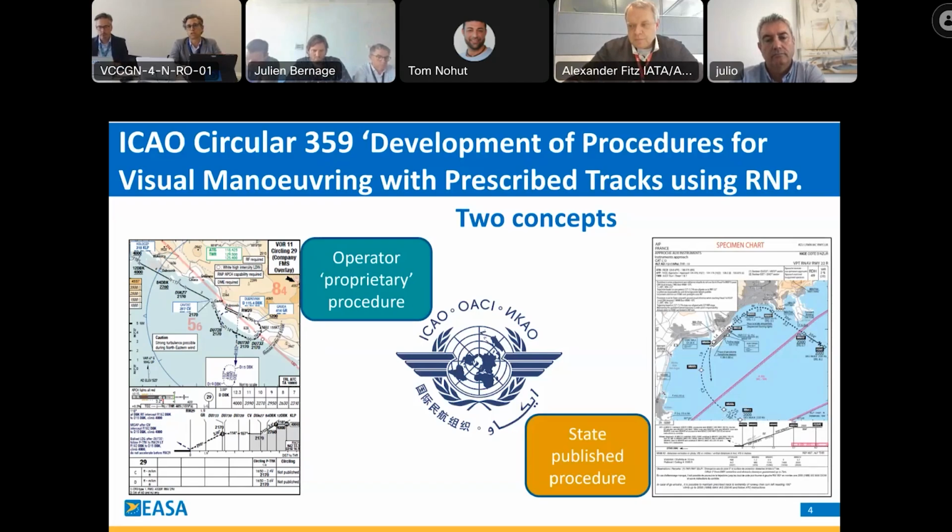We will have a presentation from Julio from Iberia discussing the implementation of a state published procedure in Costa Rica. This is a standard chart published by the state, an official published procedure.